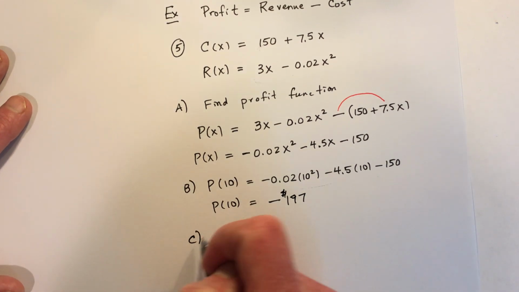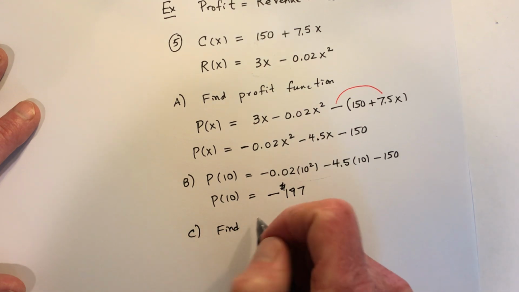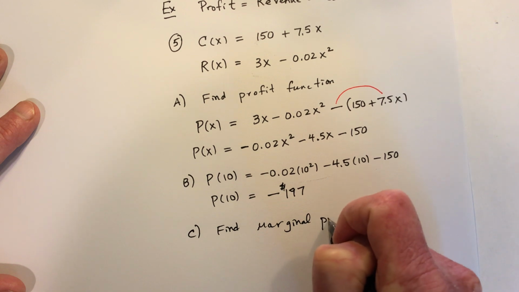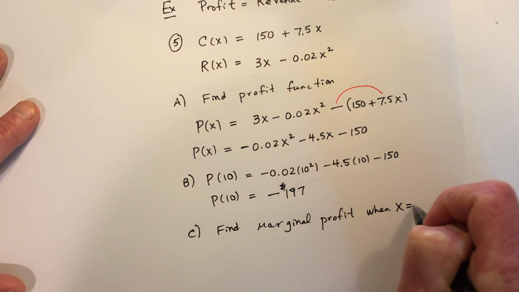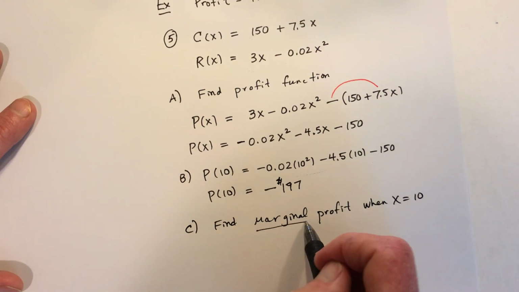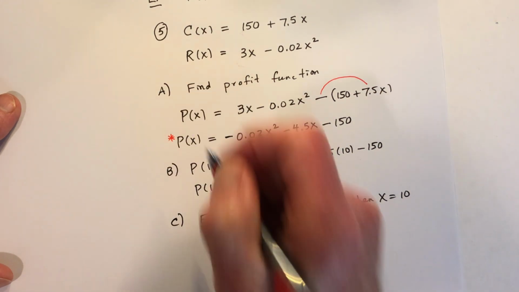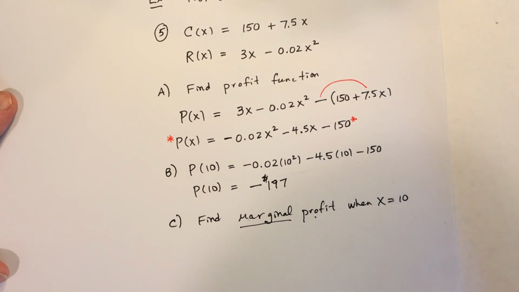And then part C, find the marginal profit when x equals 10. And then this is the part that's saying do the differential. So do the differential for the profit. So in other words, right here, we have the profit function, and we just need to take the derivative.